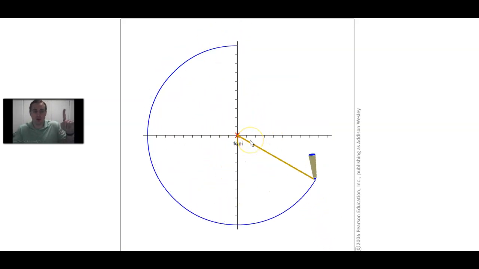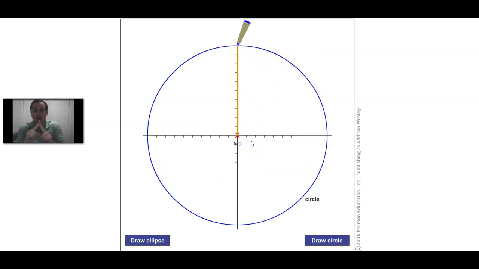So if those two foci become one single point, we just call that the center. And then of course that pushpin distance is now the same distance for both of those foci, but it's just the distance from the center, and that we just call the radius of the circle. So this is what we mean by circular orbit versus an elliptical orbit.